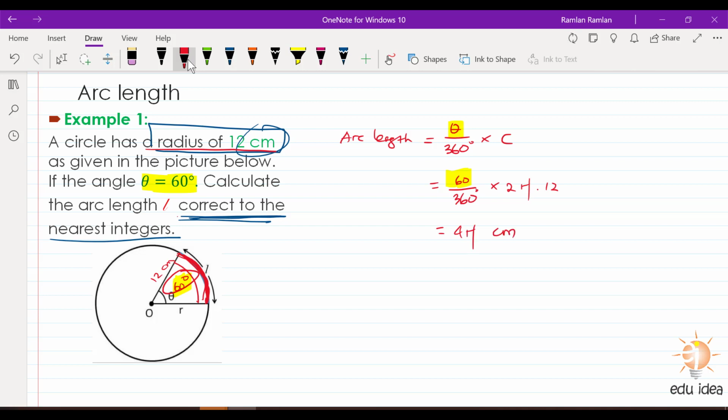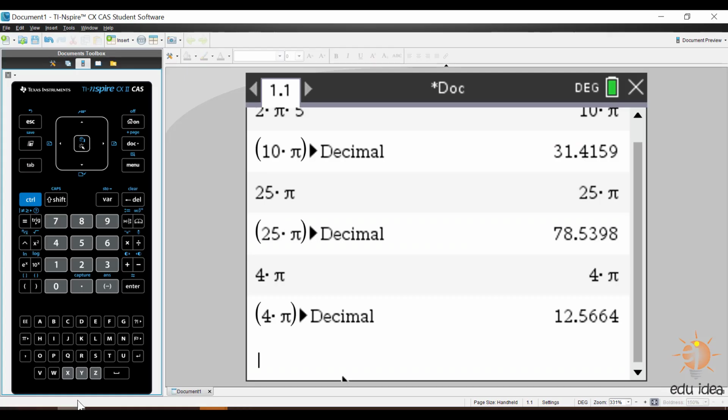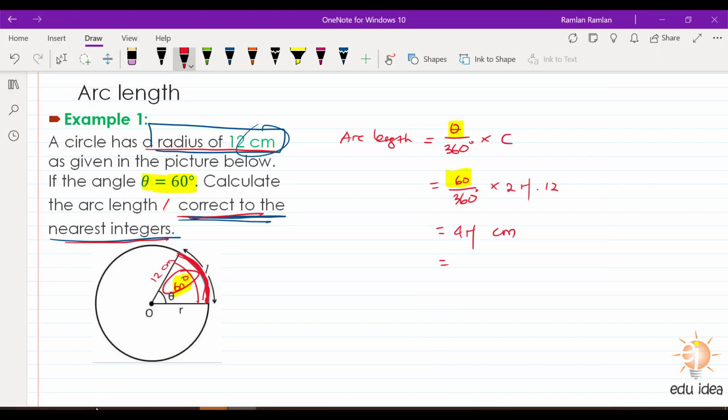Then again, because it said correct to the nearest integer, you need to use the calculator to find out the decimal number of this 4 pi. I've already calculated that. That will be 12.5664 centimeters, but it said correct to the nearest integer. It means that we're going to get rid of the decimal value.